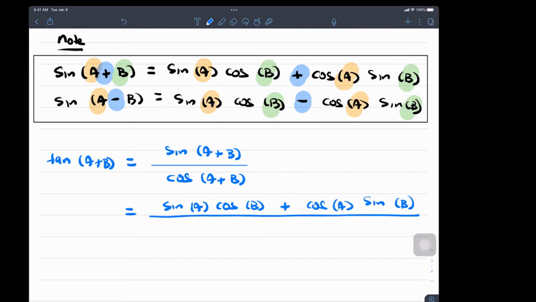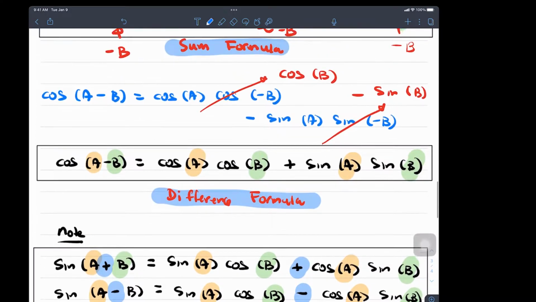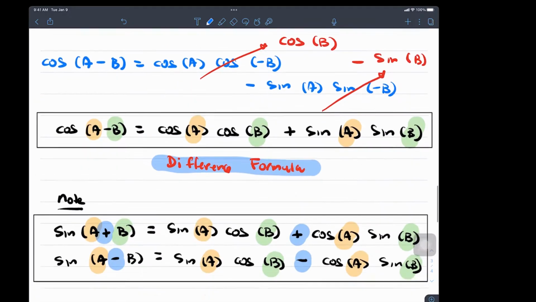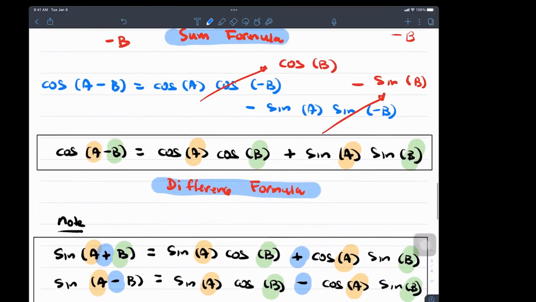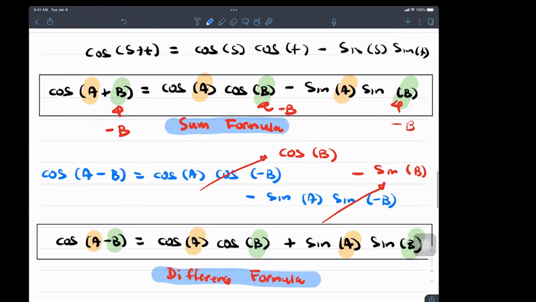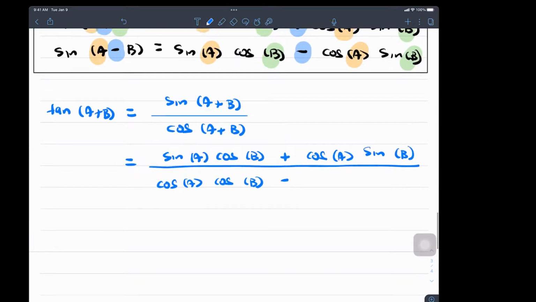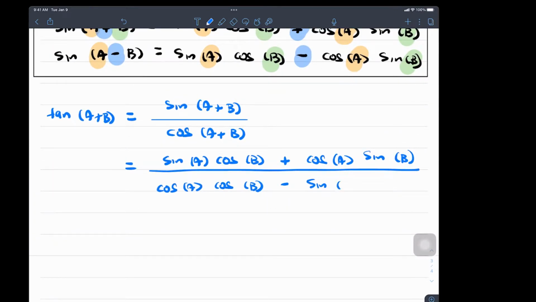Now cosine A plus B, we already have that up here. Cosine A cosine B, minus sine A sine B. So we're looking at this one here. We already know that.